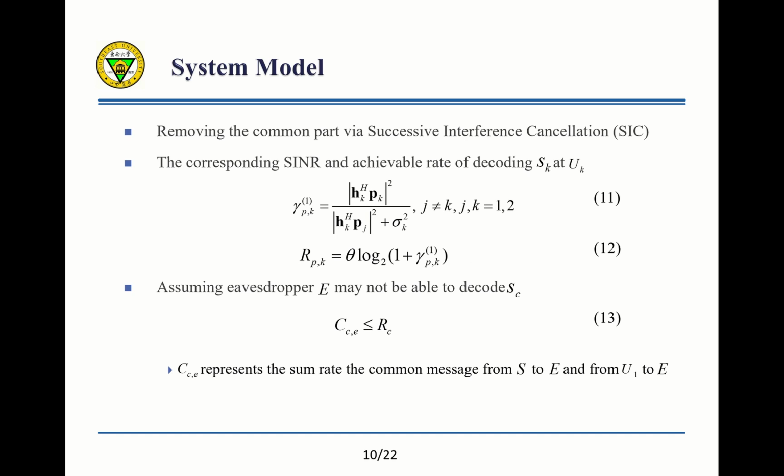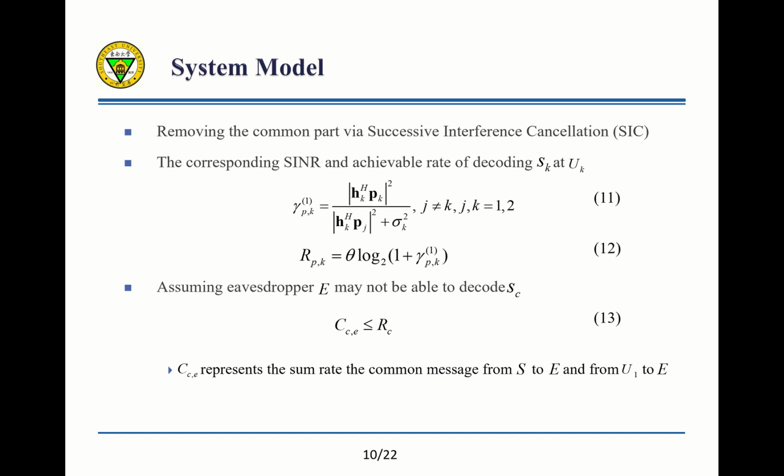The legitimate users decode the private message individually after removing the common part, using successive interference cancellation. As the precoder of the common stream designed at the base station only ensures the decodability of the common stream at the 2 legitimate users, the eavesdropper may not be able to decode the common message.